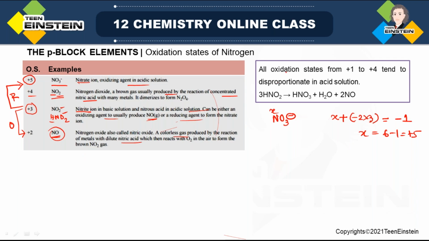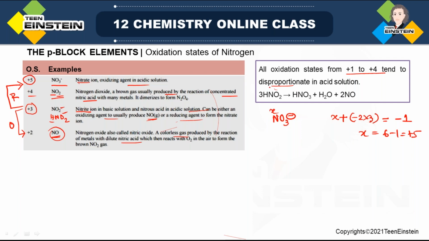One thing is also mentioned: for the oxidation states in this range, that is +1, +2, +3, +4, etc., there is a tendency for disproportionation. Now what is disproportionation? Disproportionation means oxidation as well as reduction are both going on in the same species.